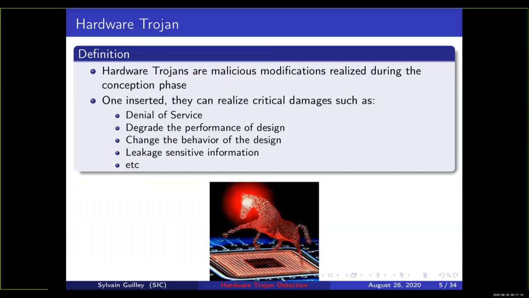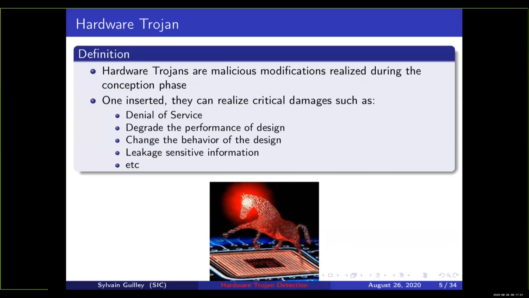So let us be specific. Hardware Trojans are malicious modifications of the chips. Usually we say they have two parts. One part is the trigger, which is the logic which activates the Trojan, and then some logic for the action of the payload on the host chip.